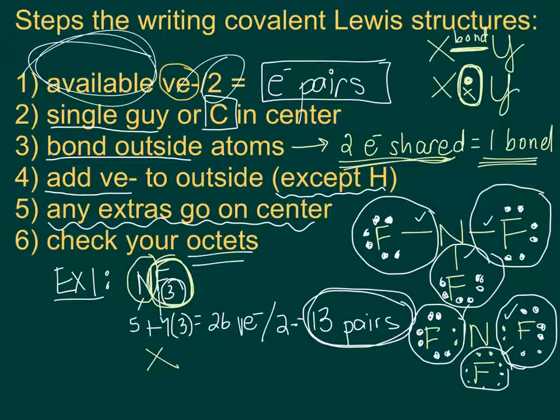So I come over here to where I had 13 pairs and I subtract 12. Well, that leaves me 1 pair left. I have 1 more pair to place. And if you look at number 5, any extra pairs go on the center.